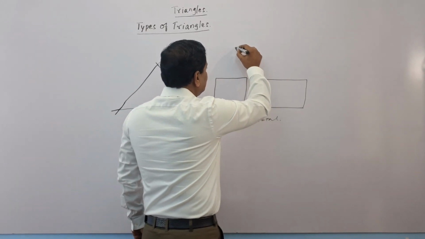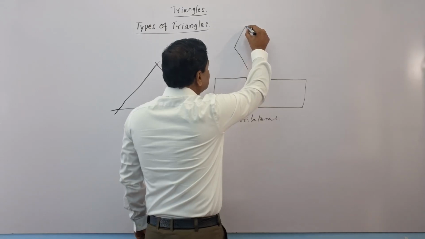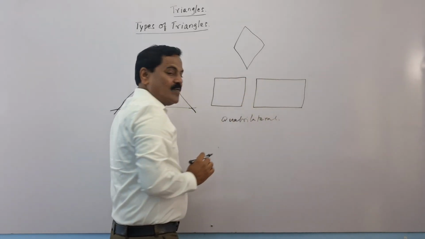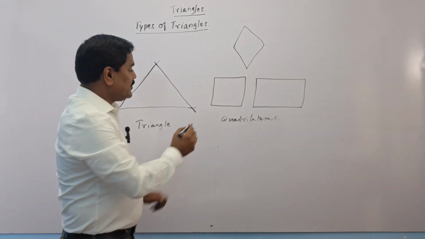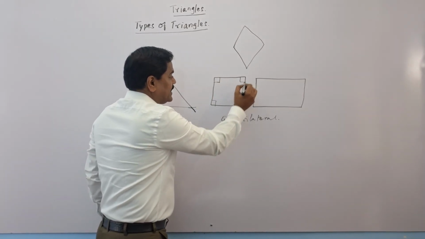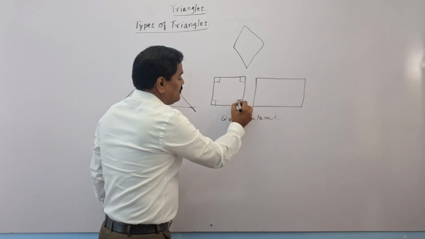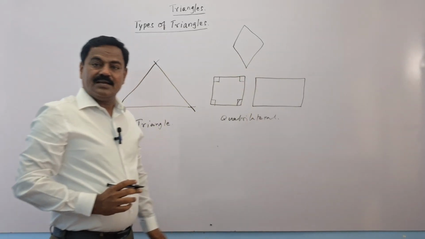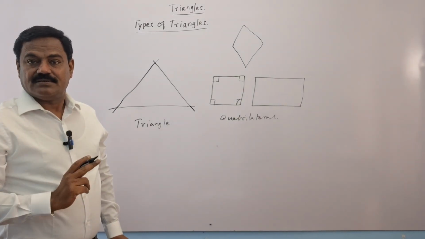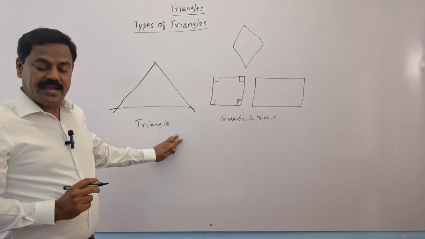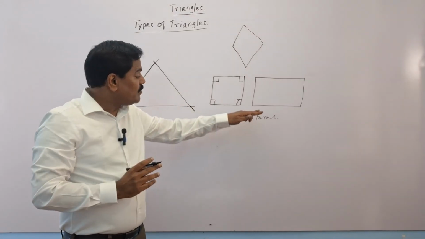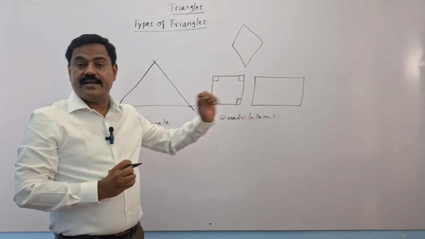A rhombus is a tilted square, you can say. All sides are equal, but here you can see all four corners are forming right angles in a square, while in a rhombus the angles will be different. Clear, students? So when three lines are intersecting and forming a shape, it is called a triangle, and when four lines are intersecting and forming a shape, it is called a quadrilateral.